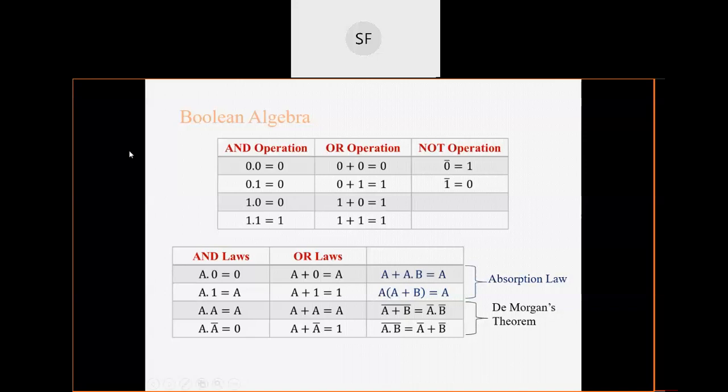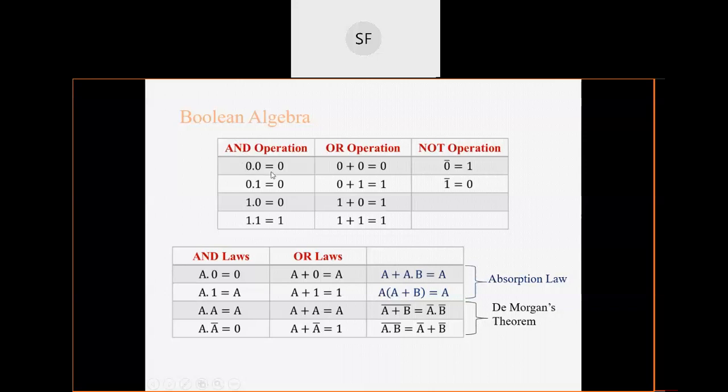AND is symbolically denoted by multiplication, the dot. You can just remember like this: the AND operator can be termed as dot. In Boolean algebra, this multiplication becomes the AND operation.